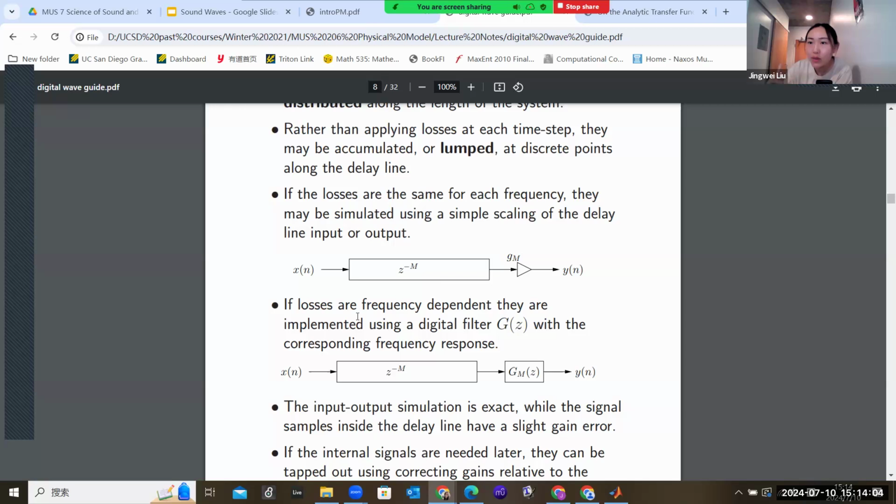Because different frequencies are damped at different rates, a unified coefficient doesn't really serve the purpose. That's why people use a digital filter, which can better simulate the different rates of damping at different frequencies. So this is generally the model we use to simulate instruments: a delay line model plus a filter. Delay line plus filter is the basic structure of this kind of simulation.